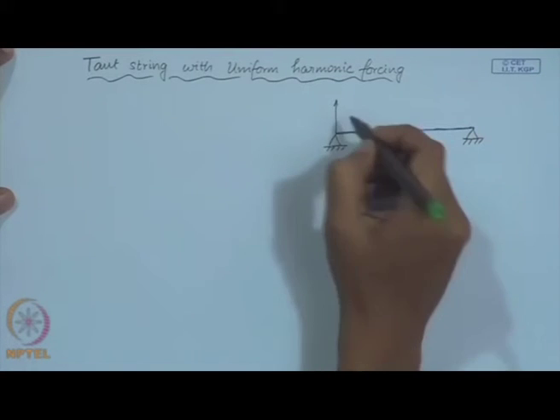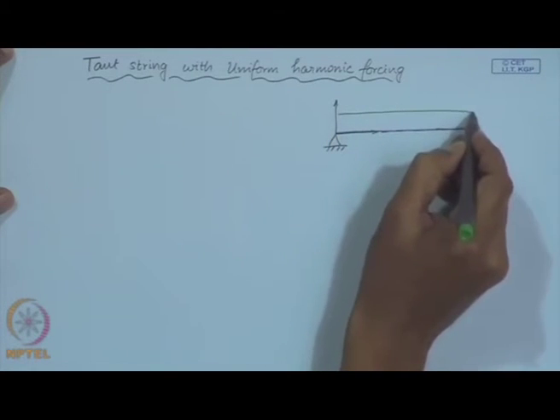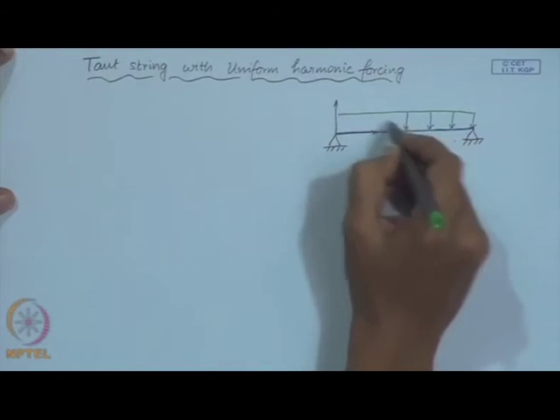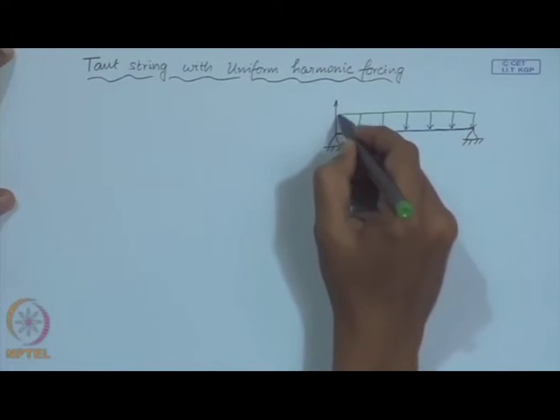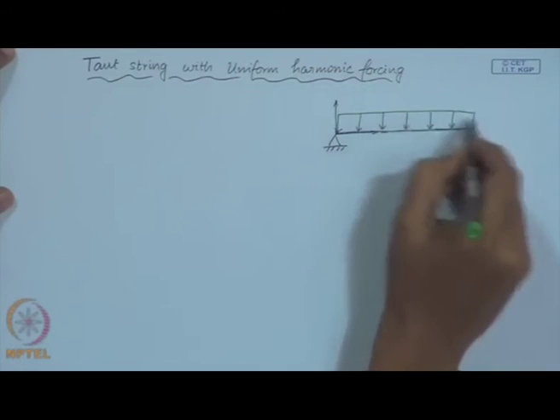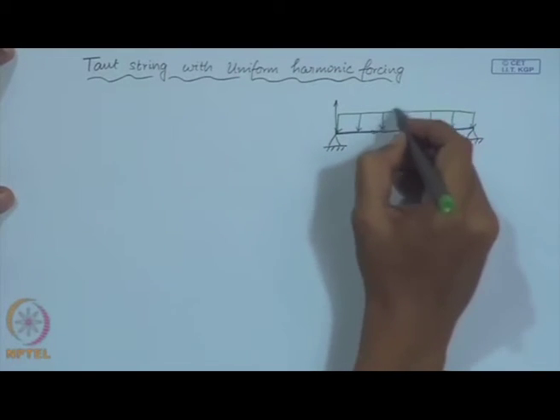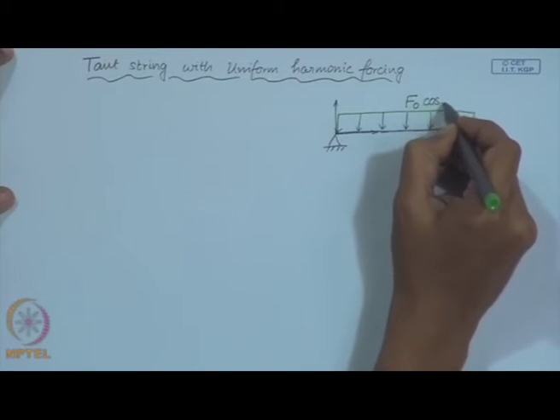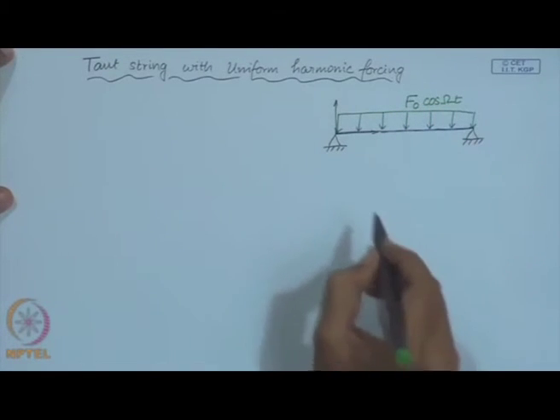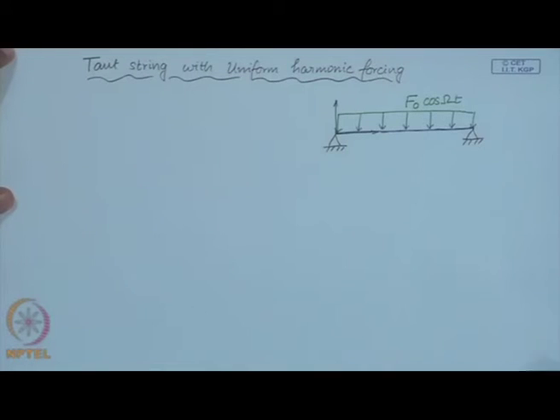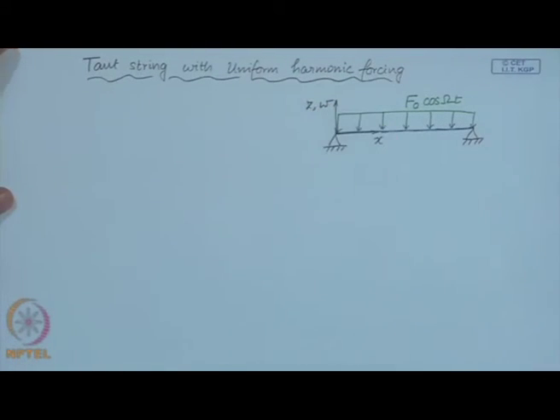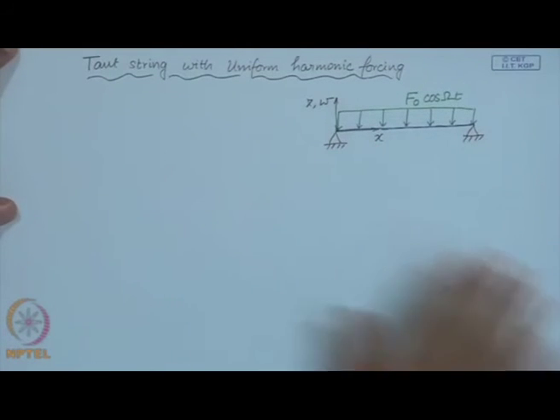This is the string, and the forcing is uniform, so the distribution is uniform.